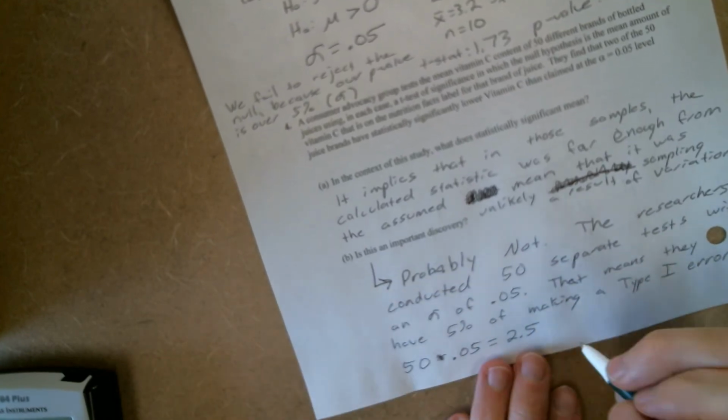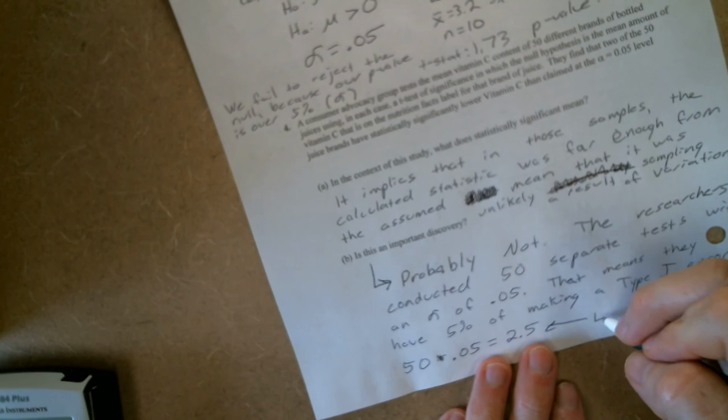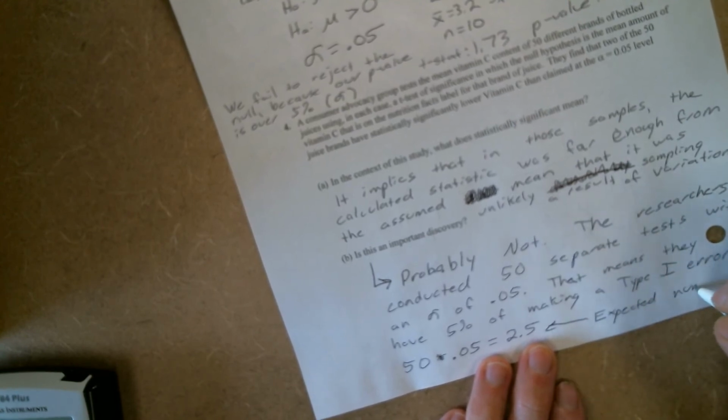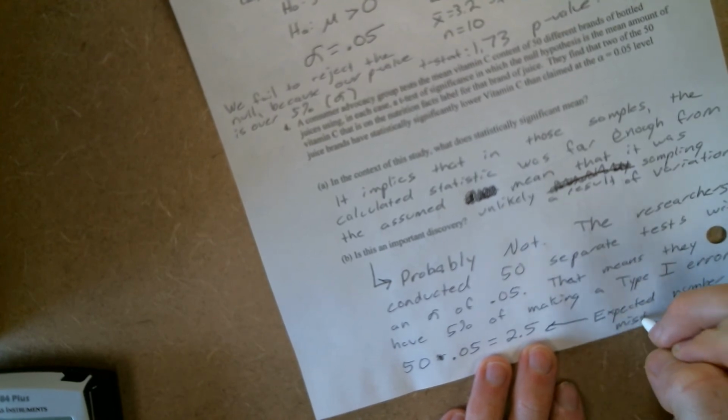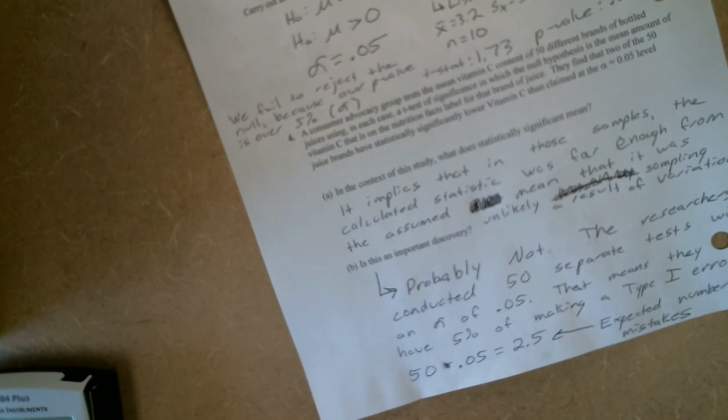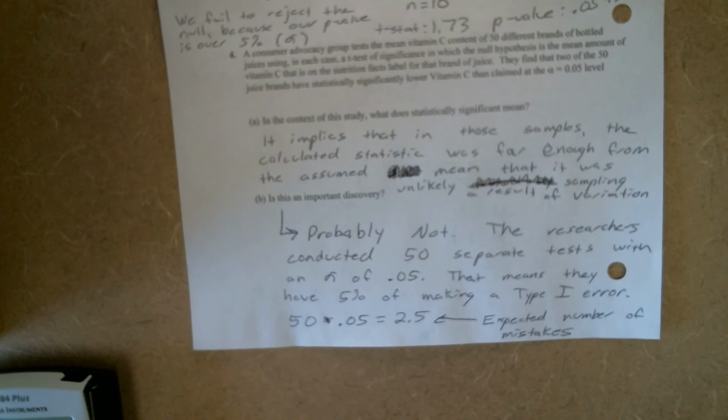All right. This is their expected number of mistakes. So yes, they found 2 that ended up statistically significant, but it's possible that those were just type 1 errors. And if you do something 50 times, you are going to expect to get a couple of type 1 errors. In this case, you're expecting to get about 2.5 type 1 errors.